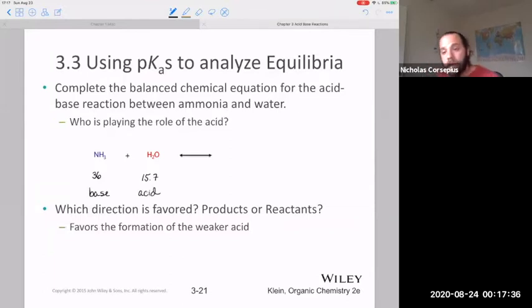Once I've identified my acid and base, I can draw the structures for my products, my conjugate acid and conjugate base. So everybody pause and do that example real quick, and then you can play it back and see what I've got. If water is an acid, that means it's going to be donating one of these protons, so the conjugate base would be OH minus.